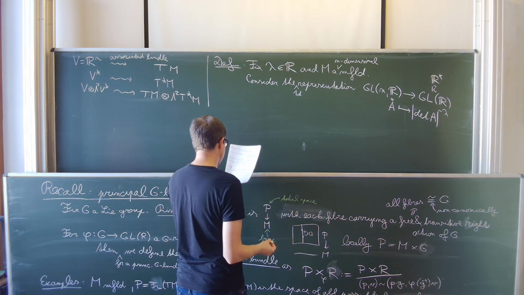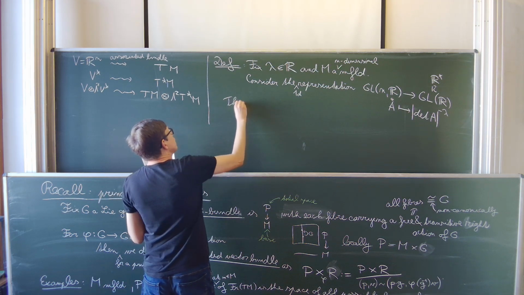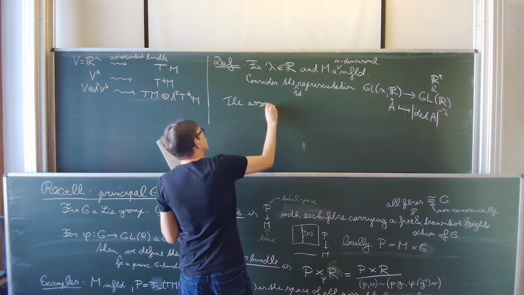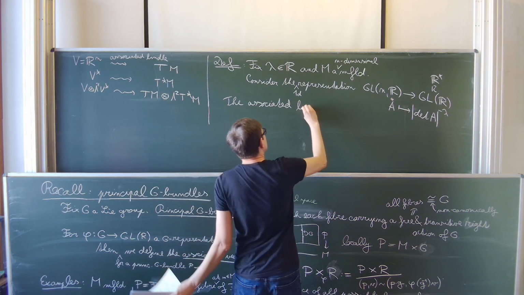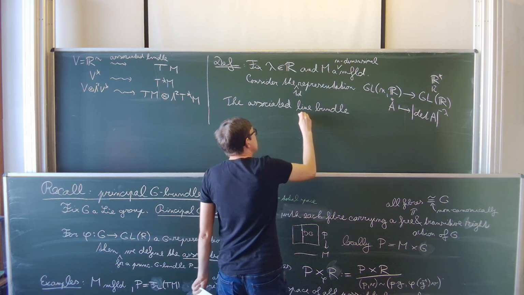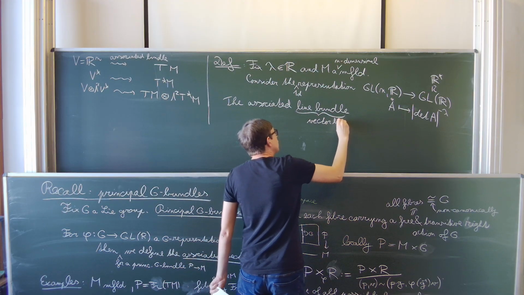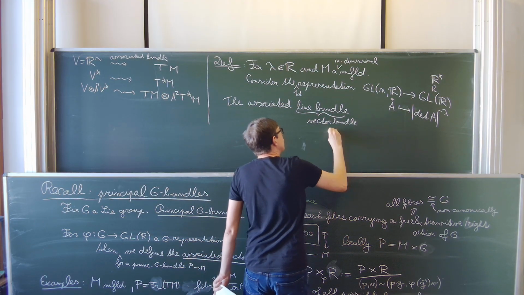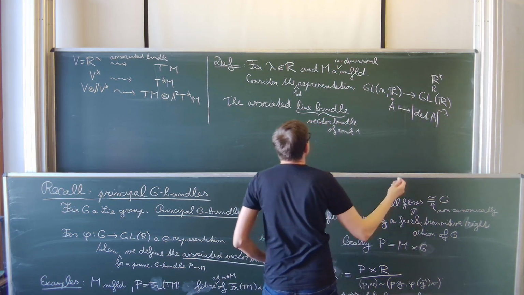So, what do I want to say? So, right. The definition says that the associated line bundle, okay, line bundle means that it's a vector bundle of rank 1, because the representation was one-dimensional.